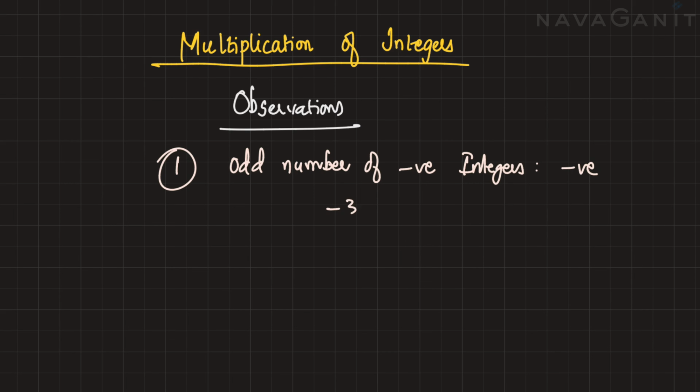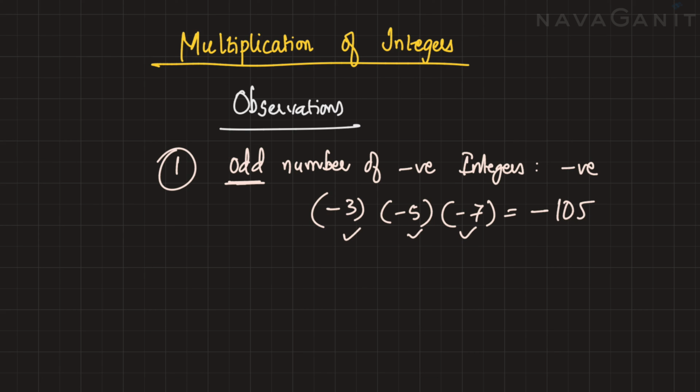Say minus 3 multiplied by minus 5 multiplied by minus 7 would give us minus 105. So we are multiplying three negative integers. So whenever we multiply an odd number of negative integers, we would get a negative result.